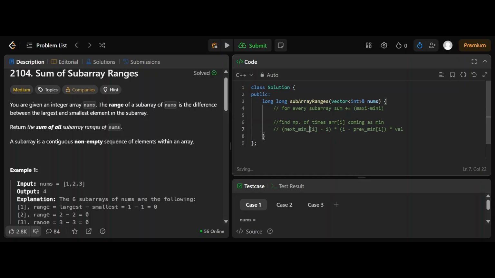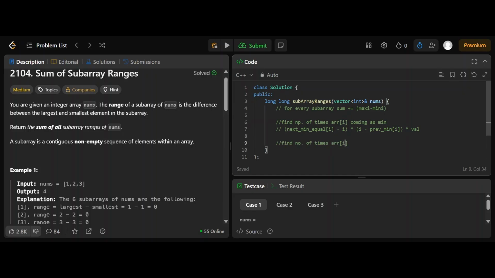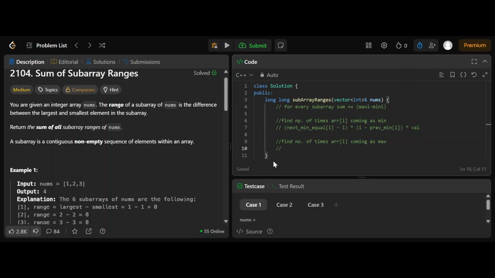And for maximum, it will be (next max of I minus I) into (I minus previous max of I) into value. So we need to write 4 different functions: next minimum, previous minimum, next maximum equal to, and previous maximum, into value.